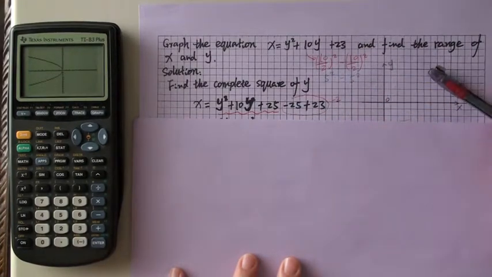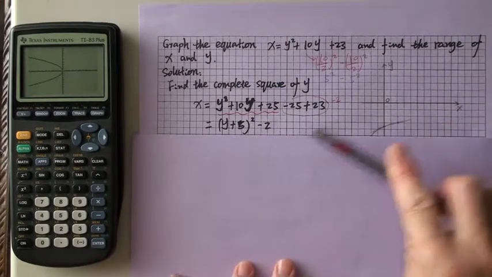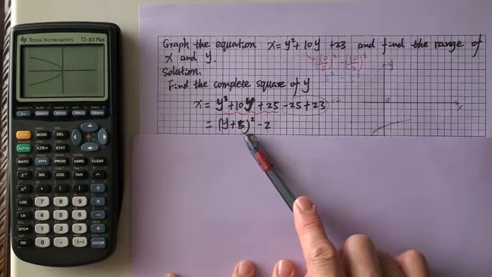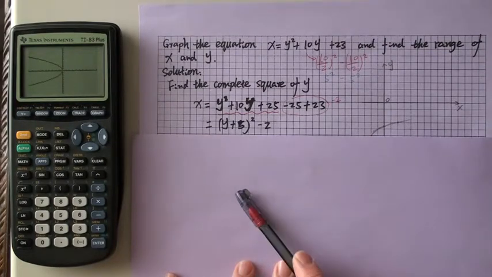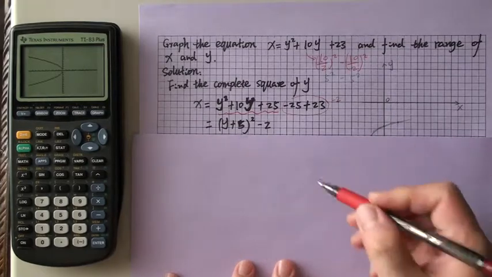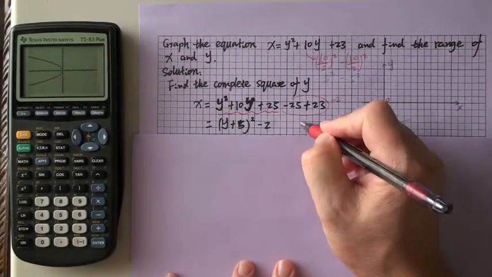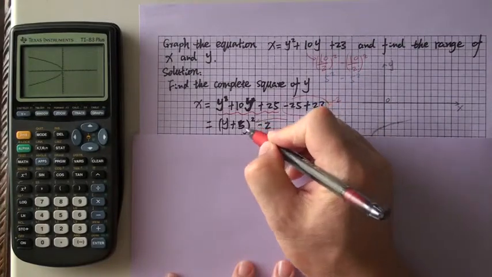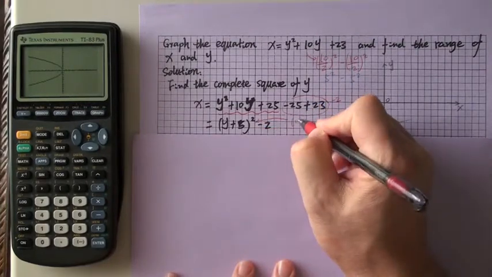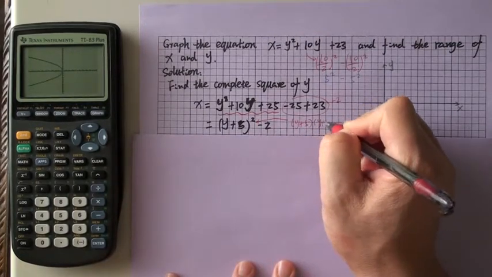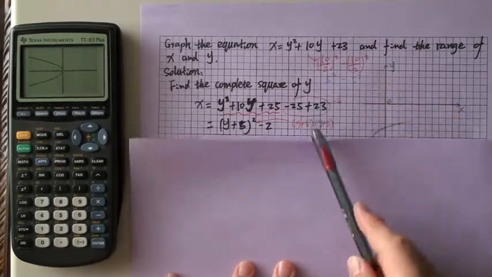And a complete square is y plus 5 squared. If you FOIL this out, you will have that. You've got time to FOIL that, because y plus 5 squared is y plus 5 times y plus 5, and then you FOIL it.